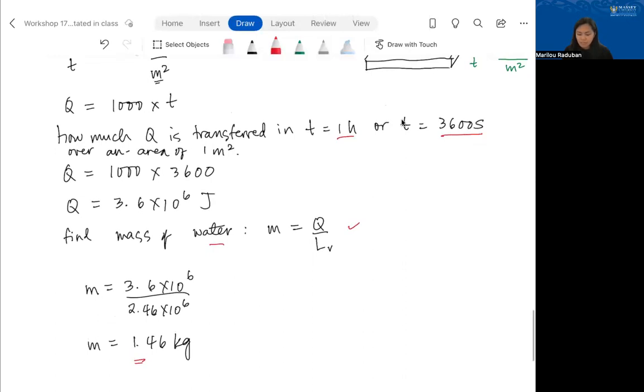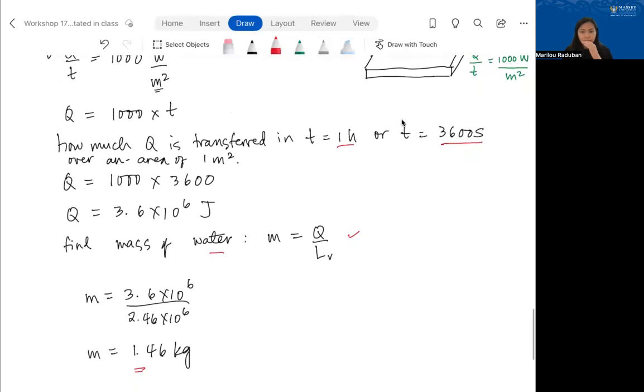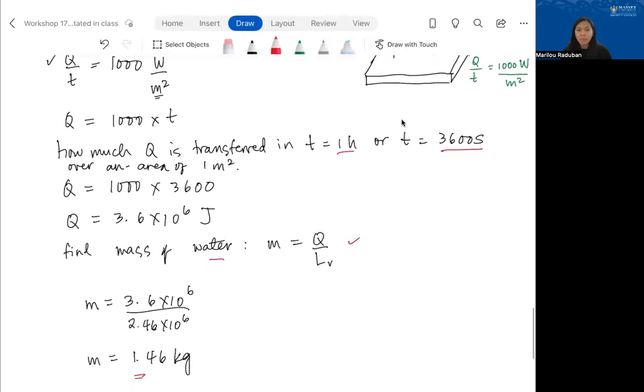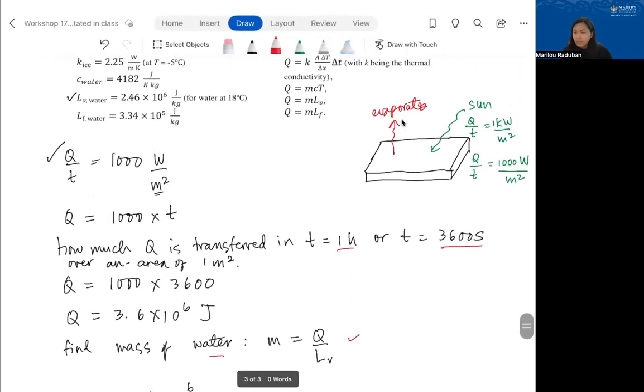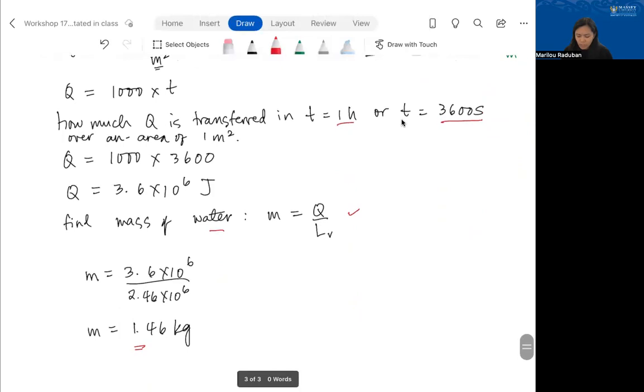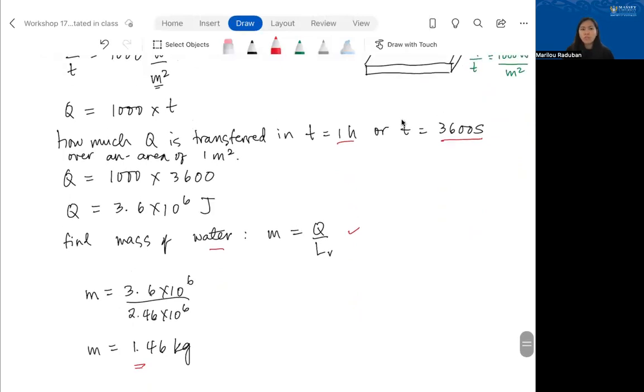Does the solution make sense? All right, we will look more into evaporation in the next lecture. Here we've seen that evaporation is essentially a change in phase where you have Q is equal to mL.